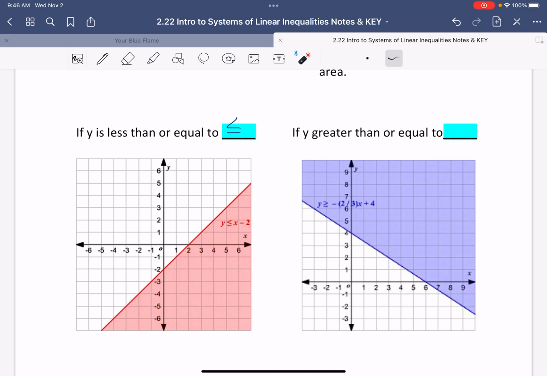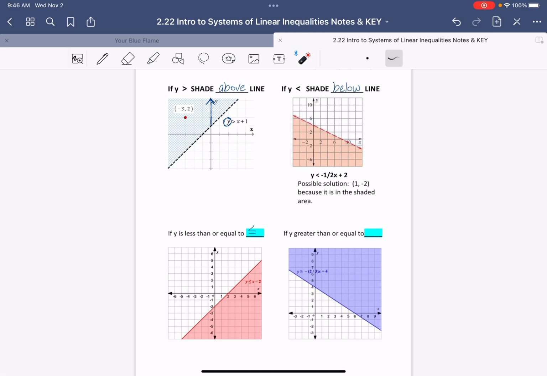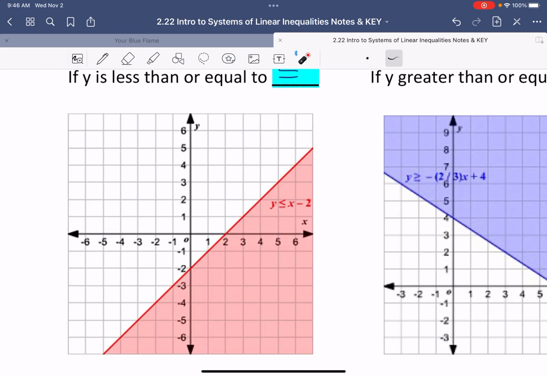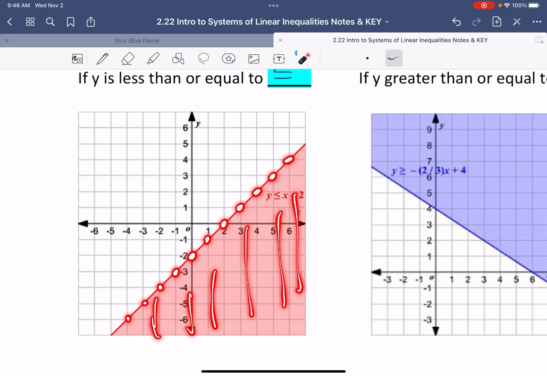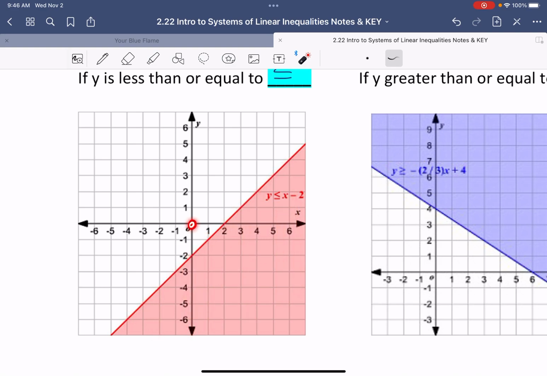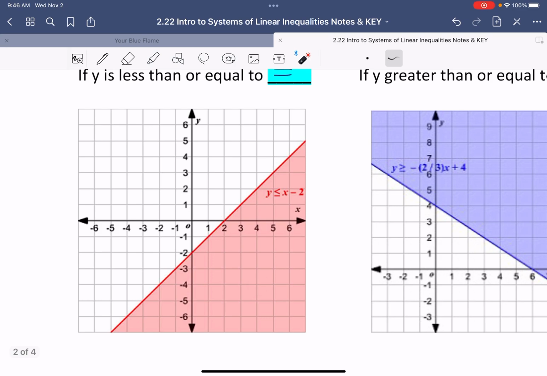Something that's different from the ones up at the top is that because we now have this equal sign, any point on the line is now included in the solution. So this is part of the solution, as well as any point in the shaded area. This, not a solution. This, not a solution. But this is a solution. This is a solution.